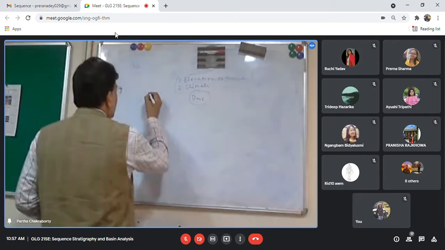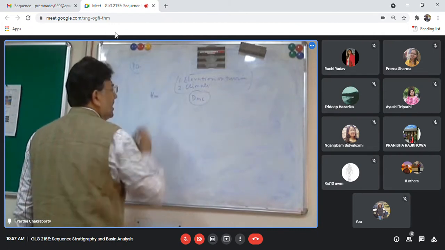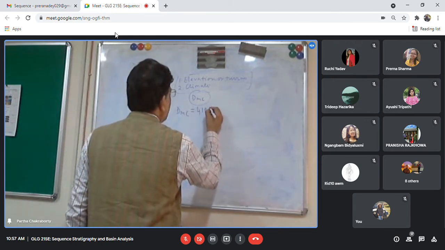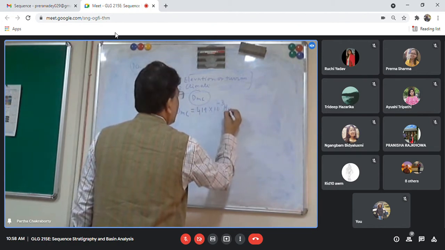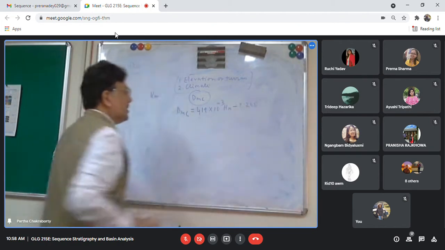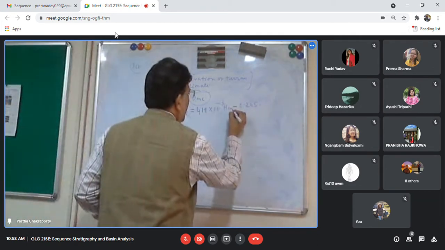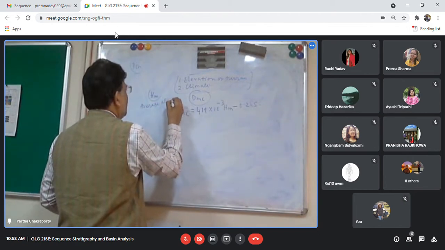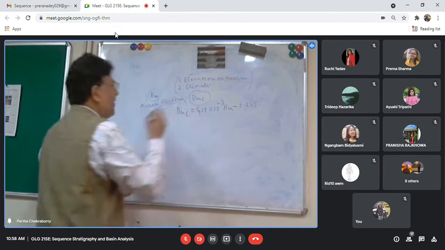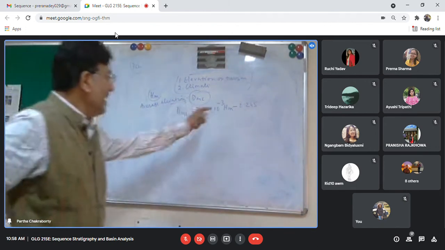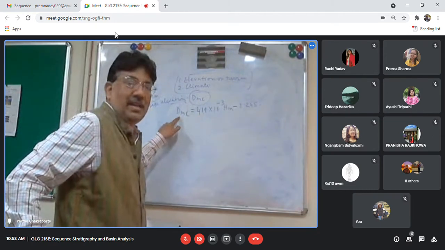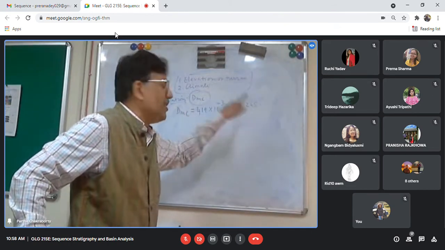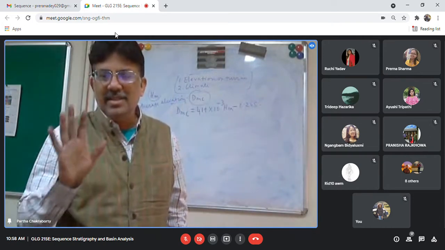If the average elevation of a terrain is HM, then they say that the mechanical denudation DMC is equal to 419 into 10 to the power minus 3 HM minus 0.245. This is a relation, where HM is the average elevation. This is what they say.